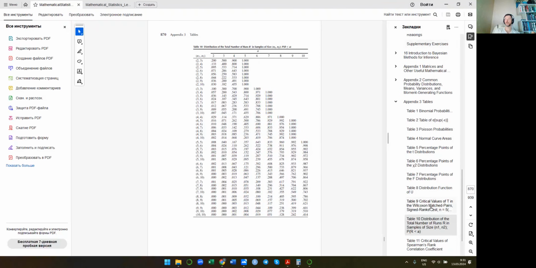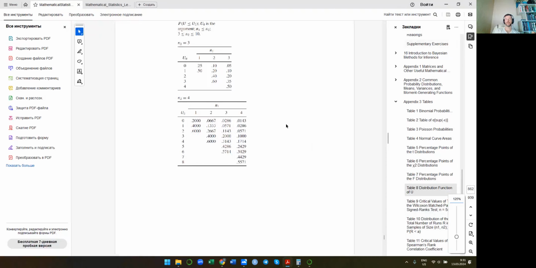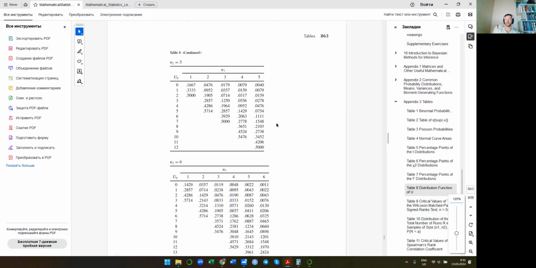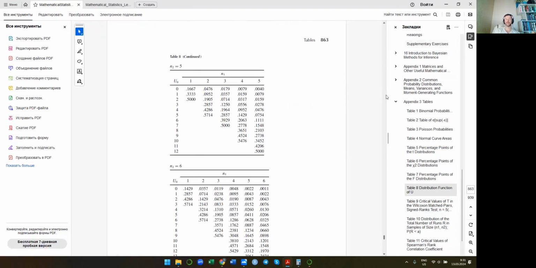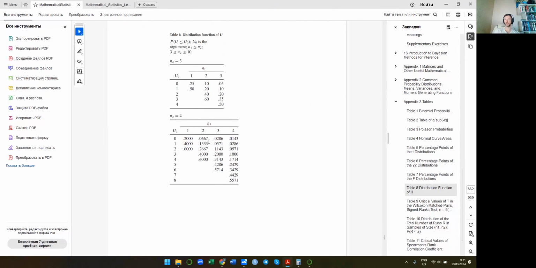There is a table here, the distribution function of U. The table is slightly different to understand, but basically you have to do the following. You have to find the table where n2 equals the number of observations in the second sample. So in our case, n2 is 4. And then you have to look for n1, which is also 4 here.